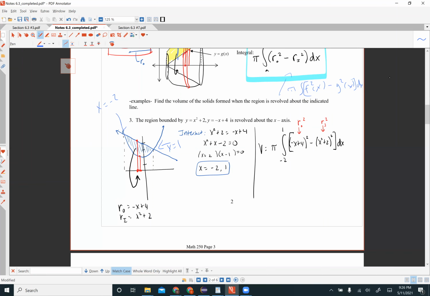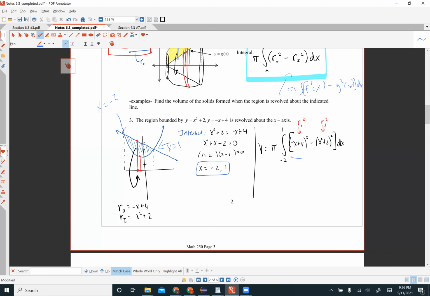Okay, so to find this region, first find the volume by rotating y equals minus x plus 4 around the x-axis, and then rotate x squared plus 2 around the x-axis and subtract that off, and you get here. So the radius of the outer one is minus x plus 4, squared.